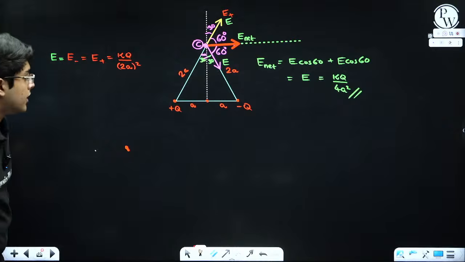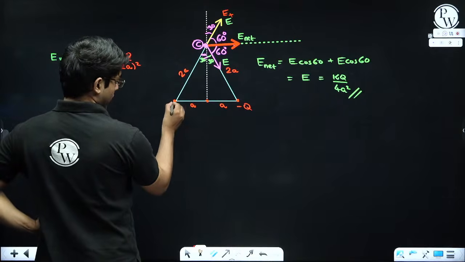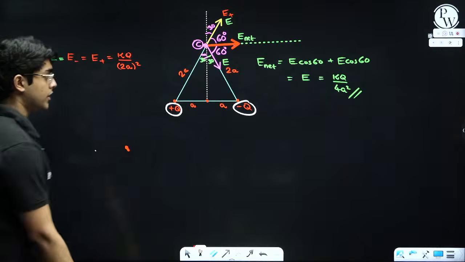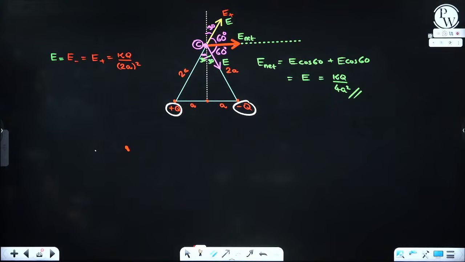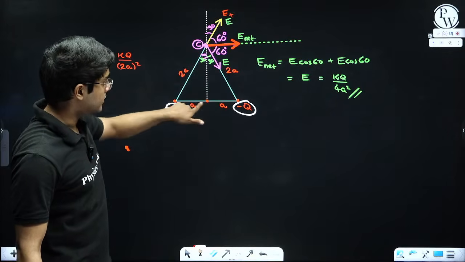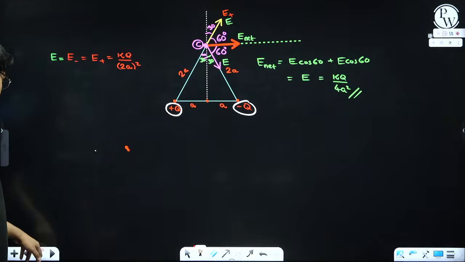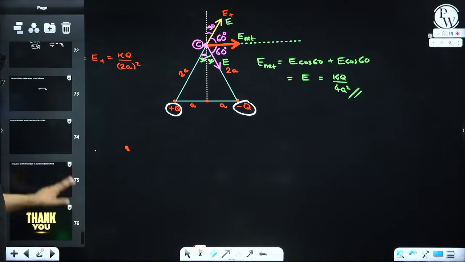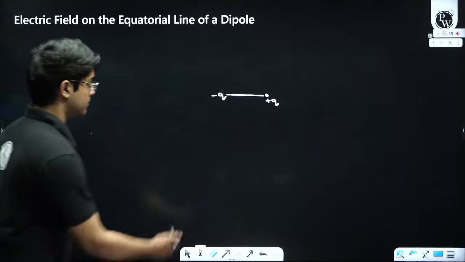If you observe, here we just have a dipole, Q and minus Q, at a 2a distance away. It's not exactly the same, because this distance is 2a and this is also 2a, but it's going to be similar.